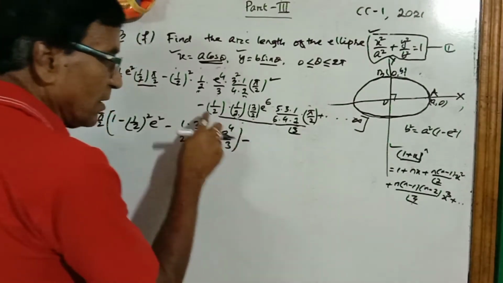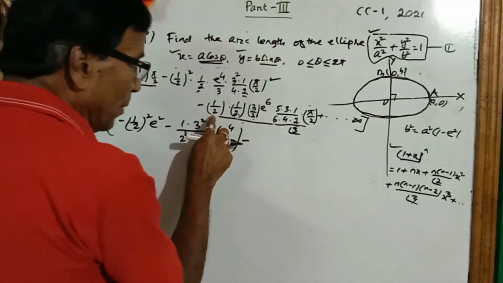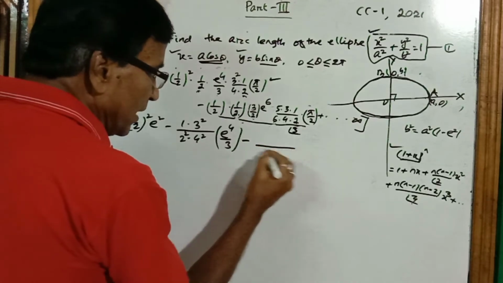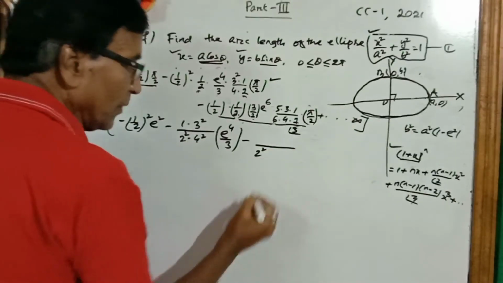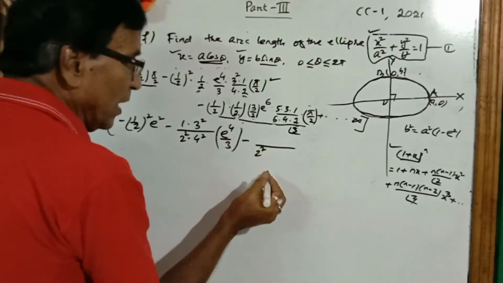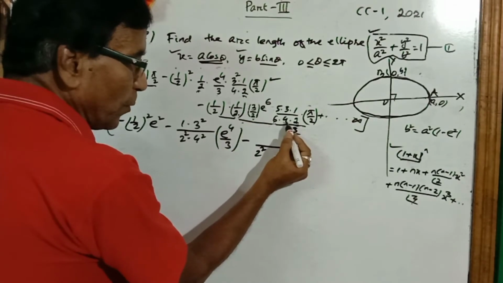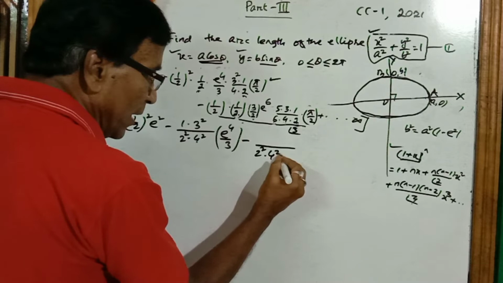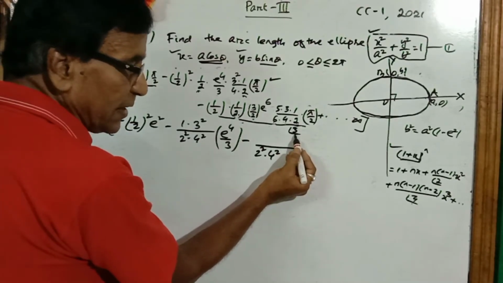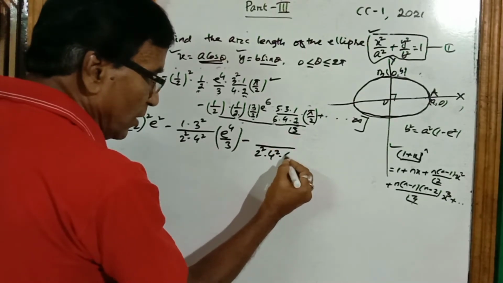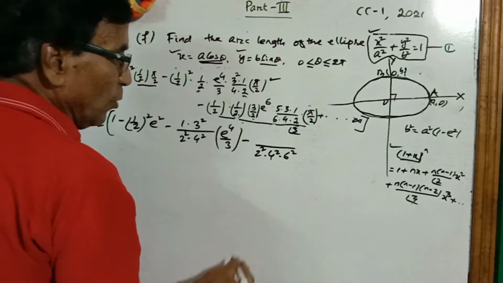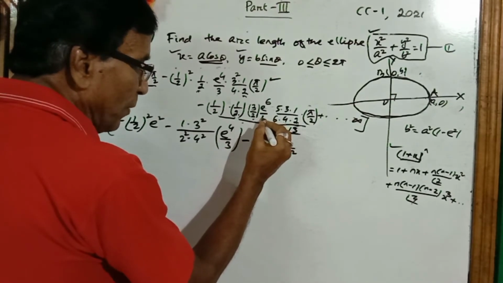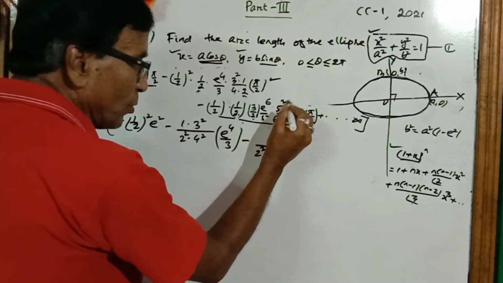Next term is minus, it is 1 by 2 whole square, so that means it is 2 square, it is 2 into 2, 4 into 4, that is equal to 4 square into 4 square. Here factorial 3 is 6 into 6, that is equal to 6 square. In the numerator here you see that we will divide with 5 and it will be 5 square.